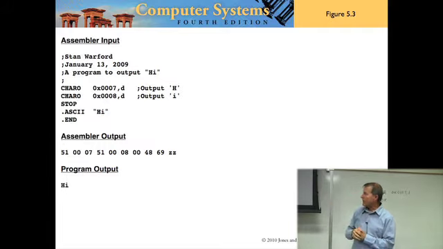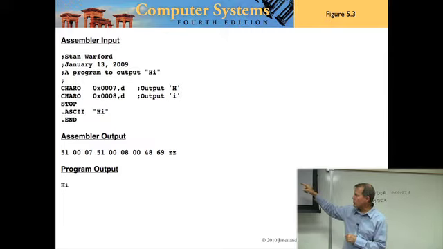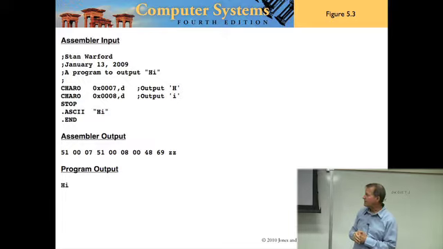So there's the name, date, and assignment number. And now, this is the program that outputs the characters HI. And see how it does it? What you write down is CHARO, character output, and then 0x0007, comma D. Question: for comments in assembly language, do you have to go to the next line for the comment to end?